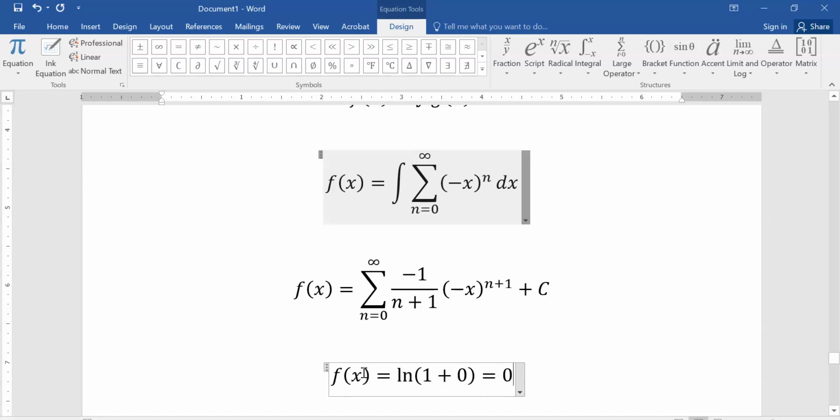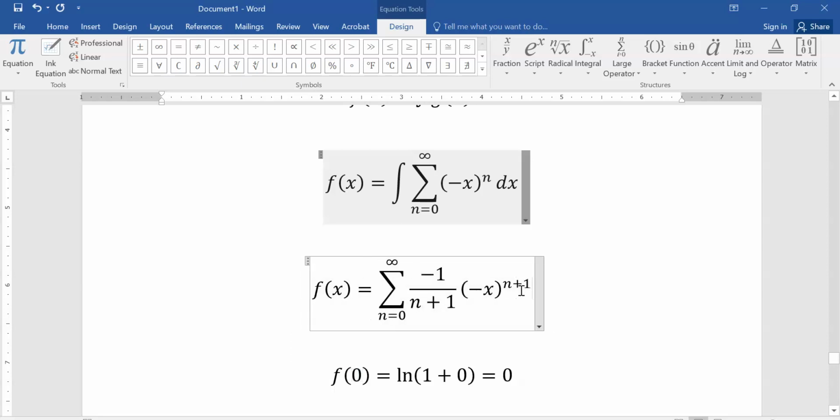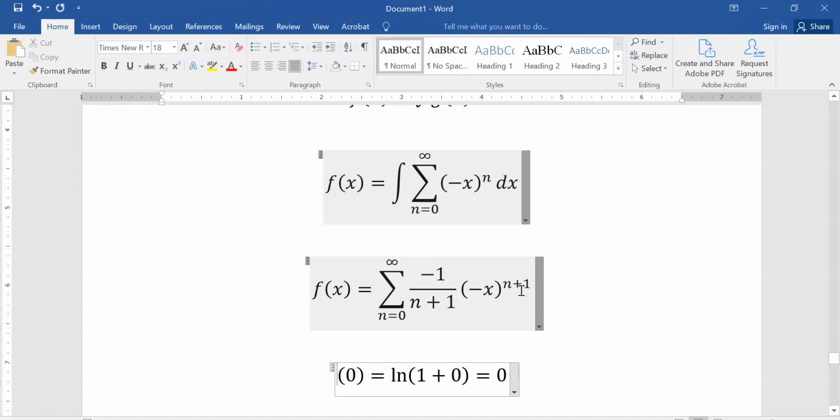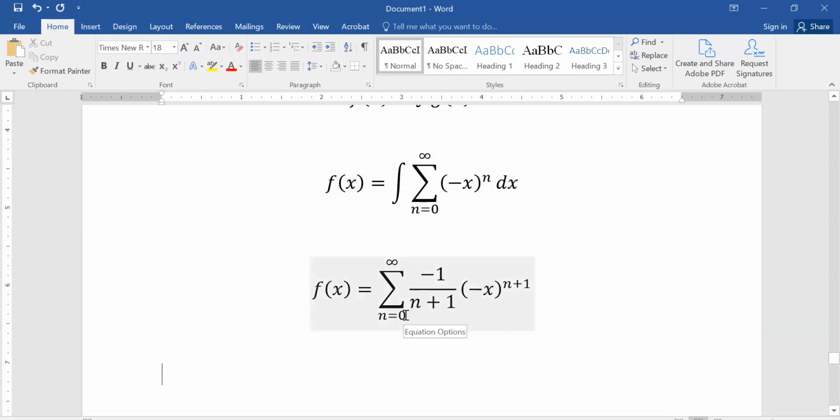So when you plug in 0, you know you have to get out 0. All this stuff goes away, so I know c has to be 0. And therefore, this power series is a representation of the function natural log of 1 plus x.